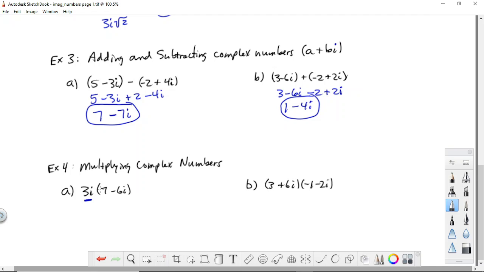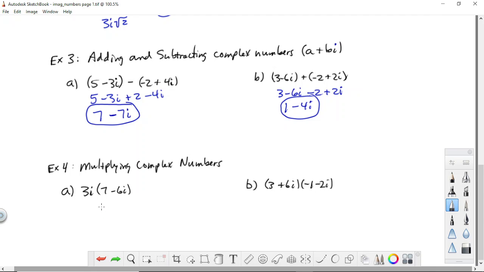Oh, I'm sorry, it's still considered a complex number. I misspoke. This 3i could be written 0 plus 3i. So it's a complex number, but its real part is 0. We could say it just has an imaginary part.